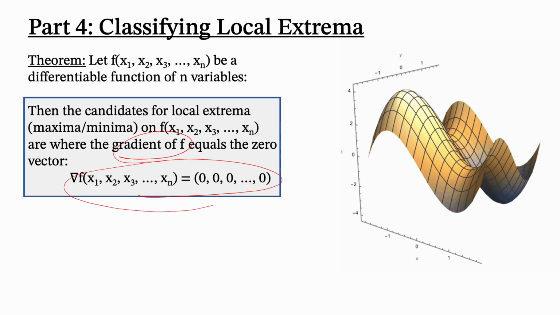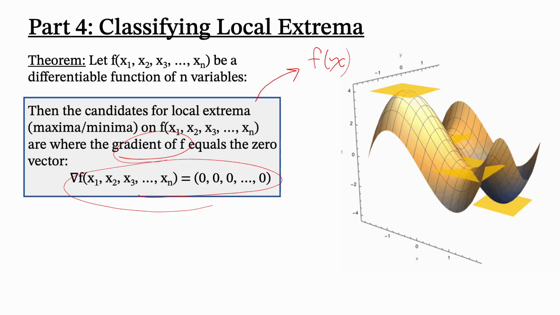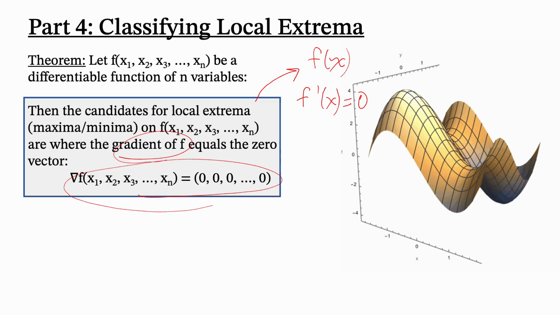This is analogous to Calc BC, where the candidates for maxes and mins on a curve y equals f of x are the places where f prime of x is equal to 0. Also the places where it's undefined, which is technically true here too, but I'm skirting around that by saying I have a differentiable function.